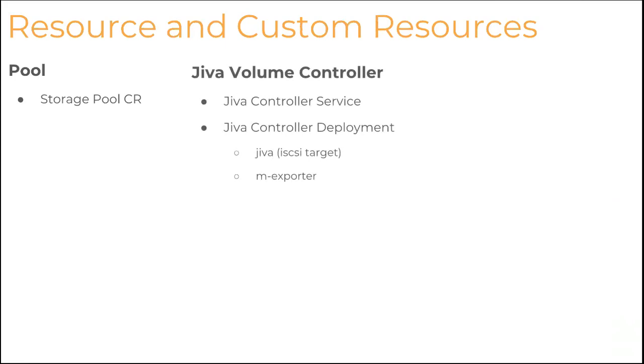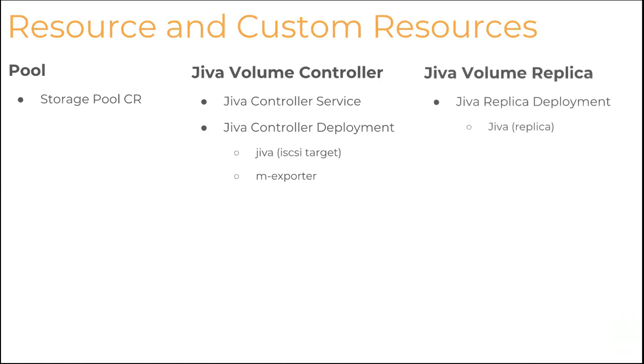One is the Jiva pod, which is the iSCSI target, and also one is an exporter sidecar associated with that Jiva iSCSI target that pulls in the metrics in terms of the IO ops usage or the capacity usage, and Prometheus or any other monitoring tool can query that. Okay, and the volume replica is nothing but a deployment. One thing I missed to mention is that the replica also has a Jiva container, and it has certain volume mounts that are coming from the /mnt/OpenEBS.